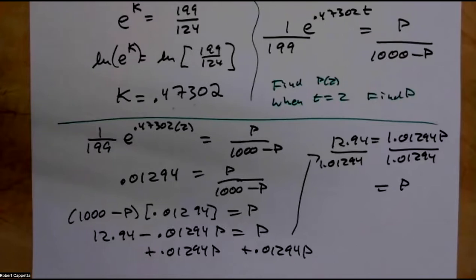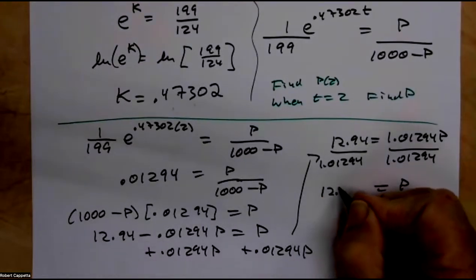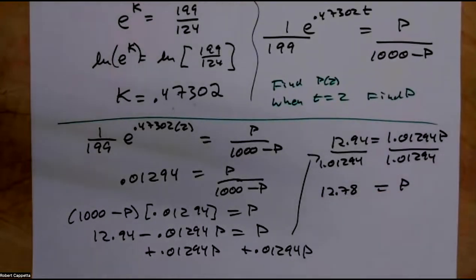And what do we get for p of 2? We get 12.78. Remember, at time 0 it was 5, at time 1 it was 8, at time 2 it is 12.78. Now our maximum was how much? Our maximum was 1,000.